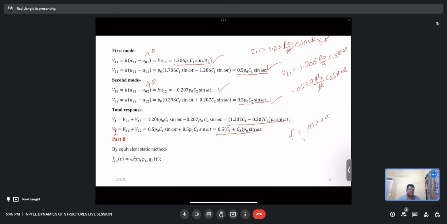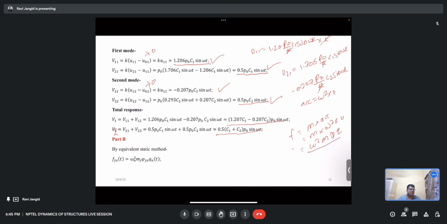And if I know the displacement, acceleration will be omega square times the displacement u. So that will be omega square mass, and u can be written as phi times q.